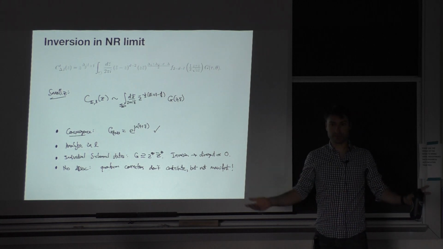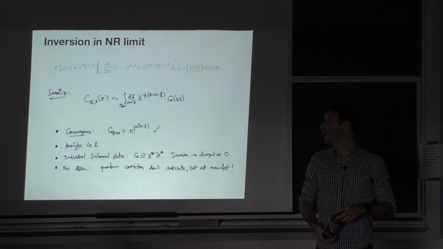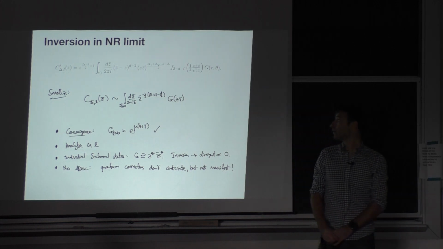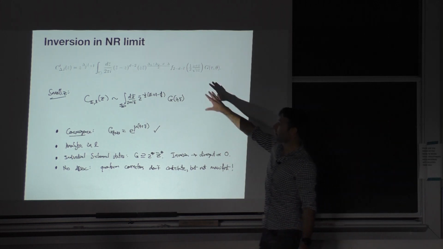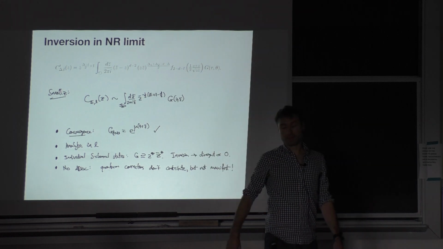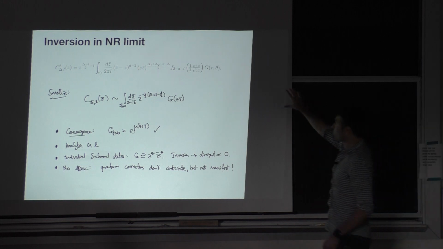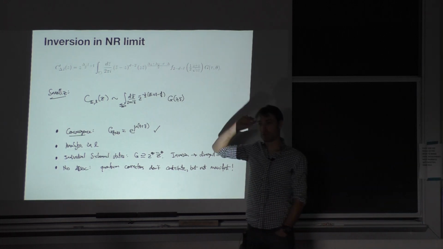So you have large external dimensions and so forth. Then the whole thing reduces to something that's actually a lot simpler. There's a reason why I didn't write out what the kernels were in previous things. It's kind of complicated. So you get an integral that looks like this. There's, again, an integral over cross ratios.